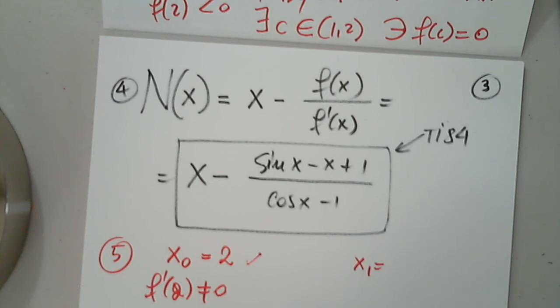Okay? And close again. See what I did? Minus 1. Okay, so cosine x minus 1 in the denominator, and everything else is correct.